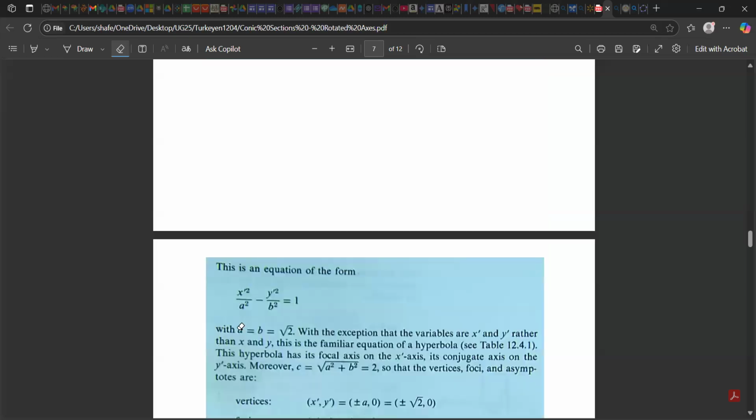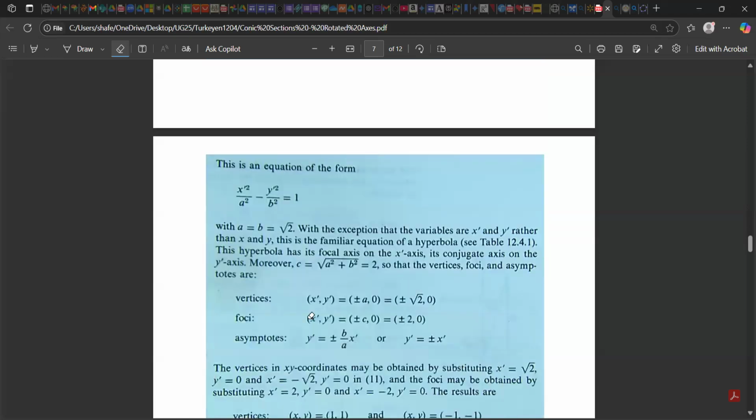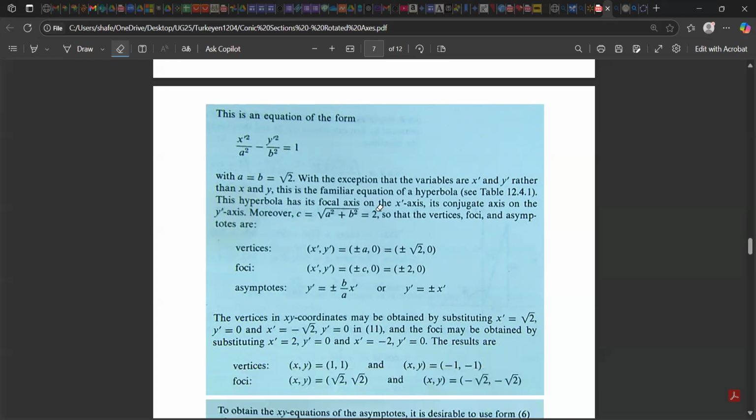So this is an equation of this form. And you can actually pick out the center, the vertices, foci, everything, right? That's what they got. They went through all of it here.